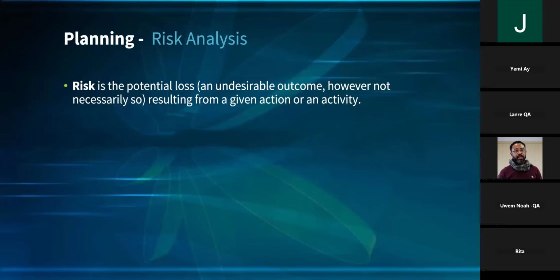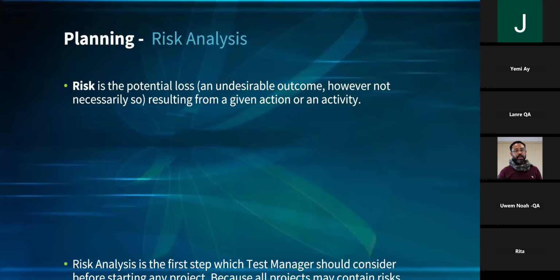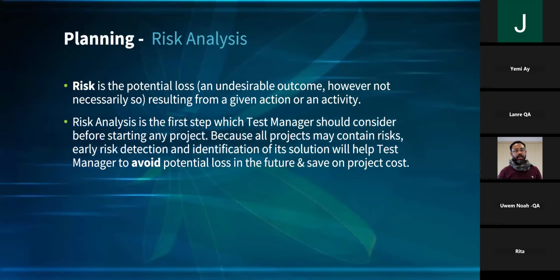So risk is the potential of an undesired outcome, something that you're not expecting, resulting from a given action or an activity. Risk analysis is the first test which a test manager should consider before starting a project.